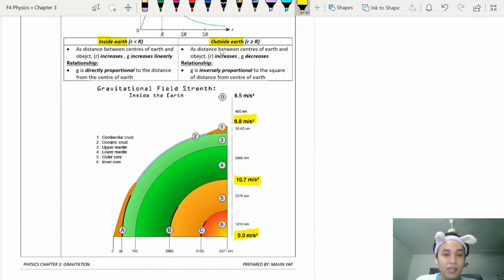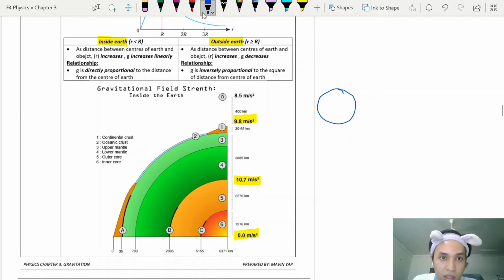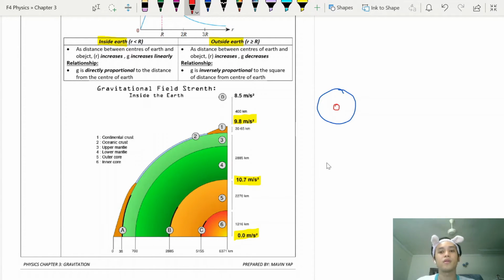Now, if you see here, this is 0 m/s squared. Theoretically speaking, if your object is right in the middle of the core, there is no gravitational acceleration. Why? Because there is no distance. If your Earth is like this, and the center is here, and the object is also right at the center, during this condition your r is equal to 0 because there is no distance between the object and the center of the Earth.